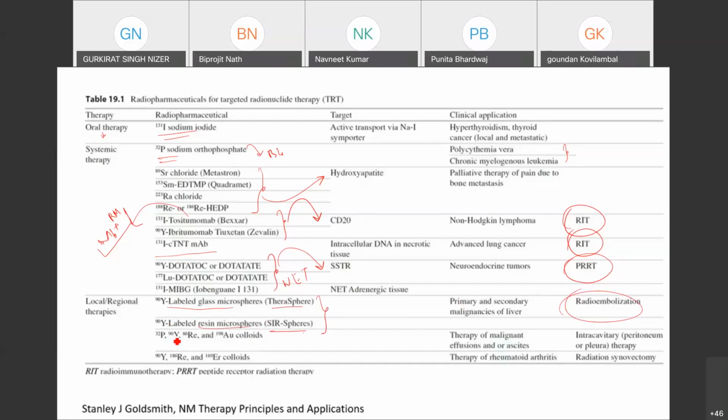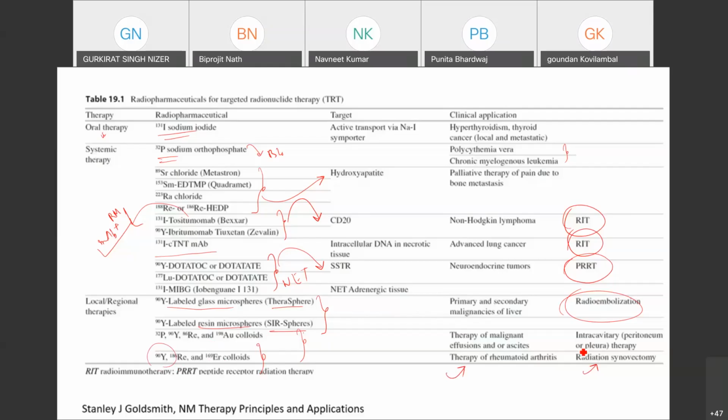And apart from this, we have P32, yttrium 90, rhenium 186, and gold colloids, which are also being used for therapy of malignant effusions or ascites, and examples being intracavitary or intraperitoneal or intrapleural therapy. And last but not the least, we have yttrium 90, rhenium. These things are being used for treatment of rheumatoid arthritis by a process we call radiation synovectomy.